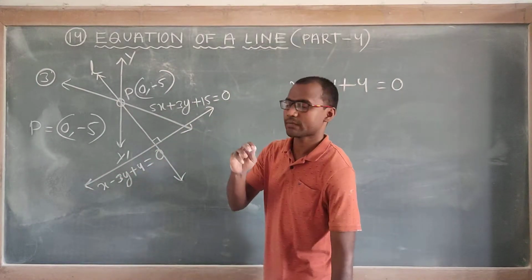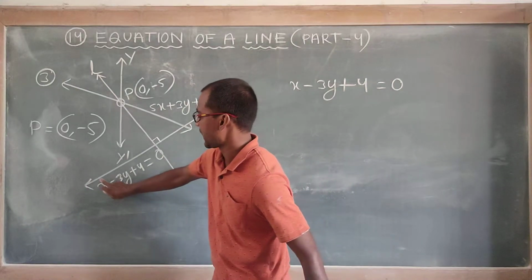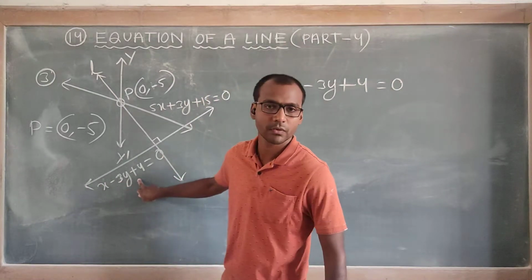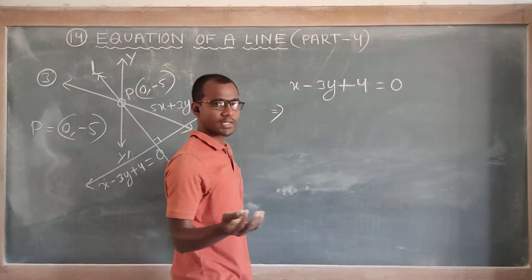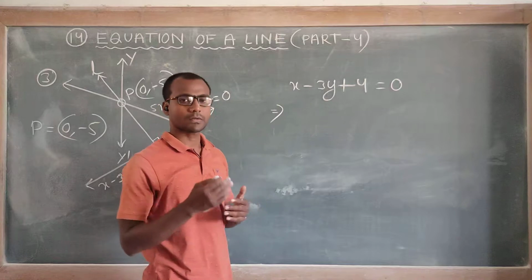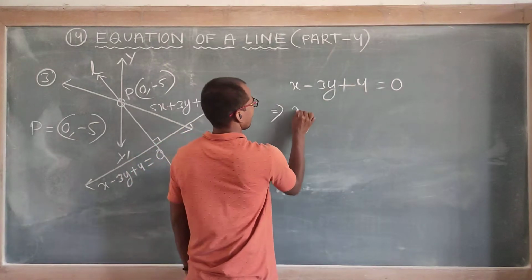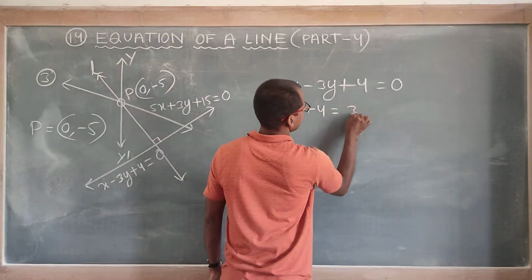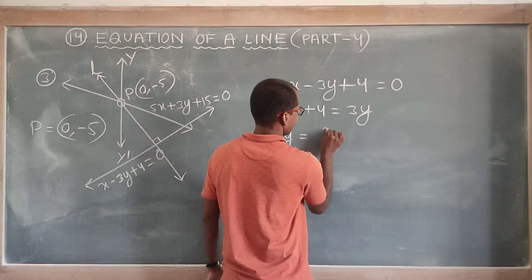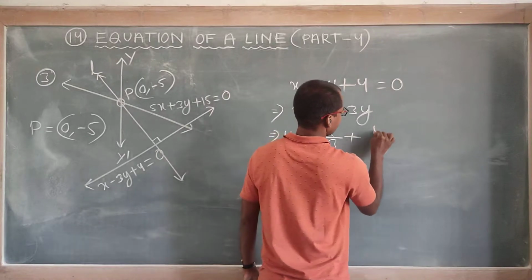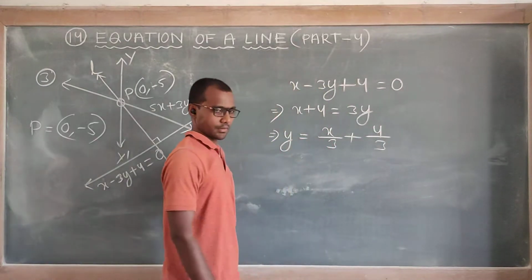So first let us find the slope of this line, x minus 3y plus 4 is equal to 0. And how to get the slope? By converting the equation to slope intercept form. x plus 4 is equal to 3y, or y is equal to x by 3 plus 4 by 3.